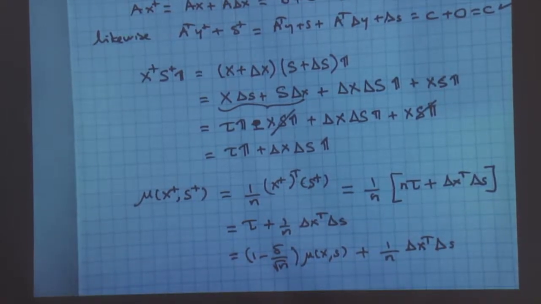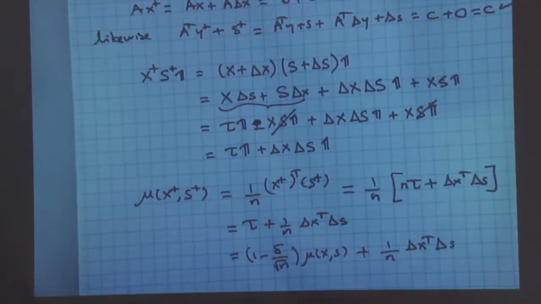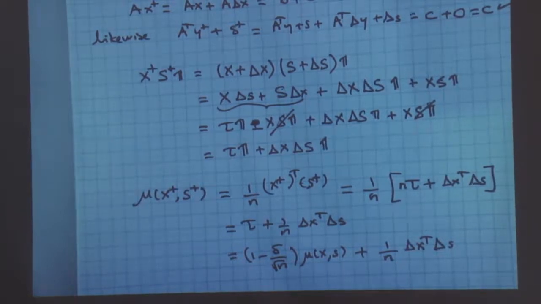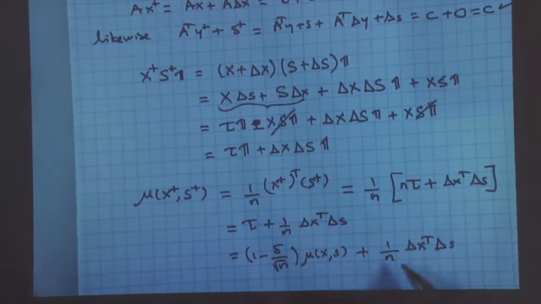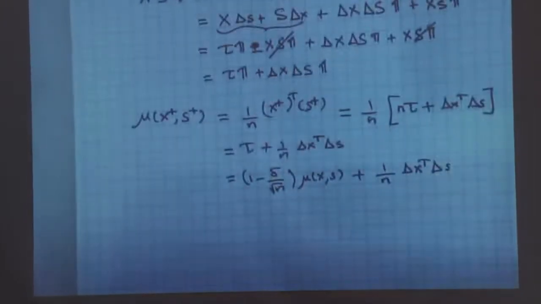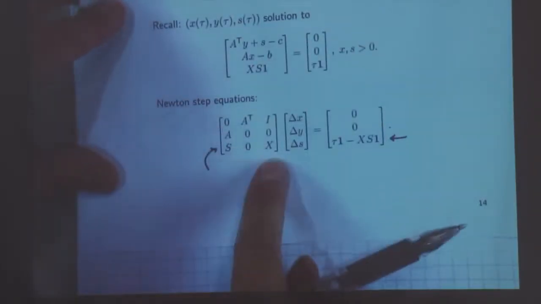Okay, so I almost get what I want. I want to show that the mu is decreased by that factor. To show that I actually get that decrease in mu, I would have to show that this is equal to 0, right? So let me look at the Newton step one more time.